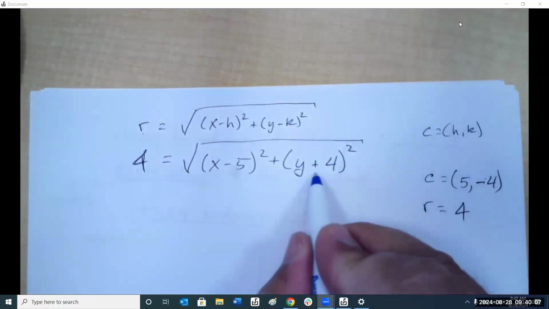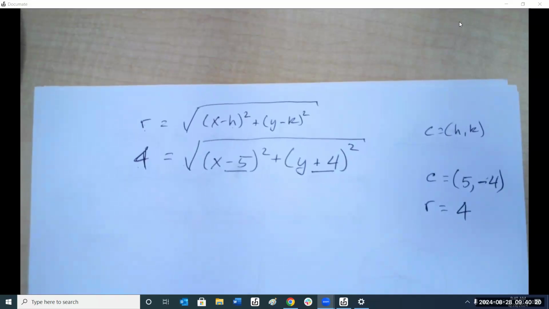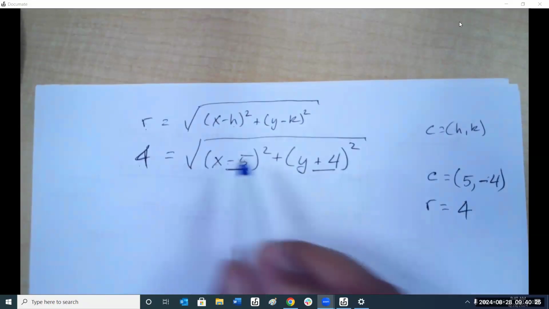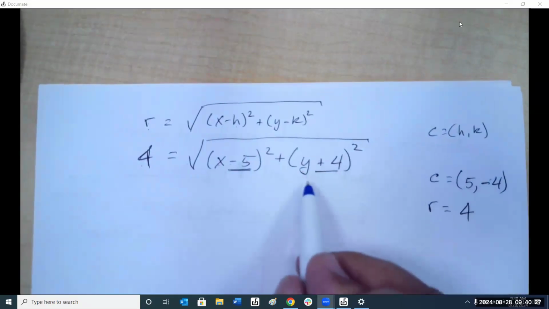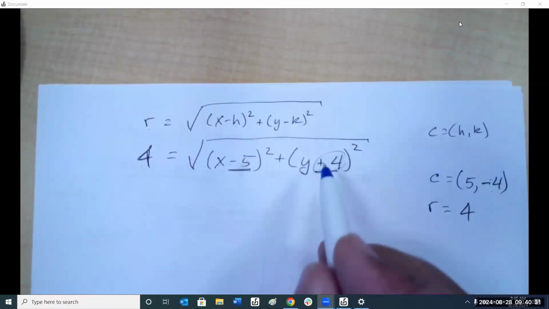It's always the opposite of what's inside the parentheses. The reason for that is because we're shifting it from the origin. Since it's x minus 5, the answer is 5. Since it's y plus 4, it's -4. It's opposite what's inside there.